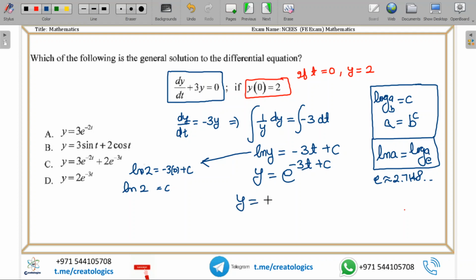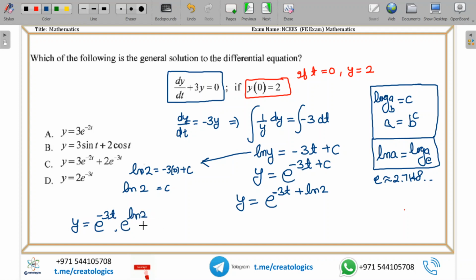So the final value is y is equal to e to the negative 3t plus ln 2. And using the indices law, we can rewrite it as e to the power negative 3t times e to the power ln 2.